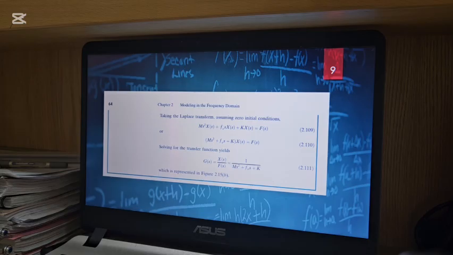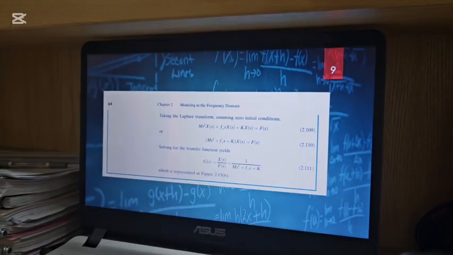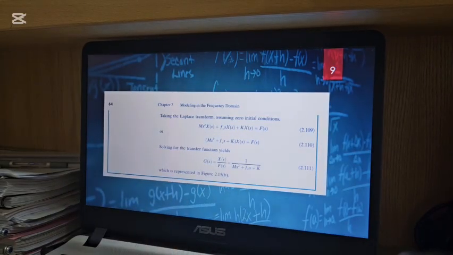First of all, we take the common factor, which is X(s) in every single one.